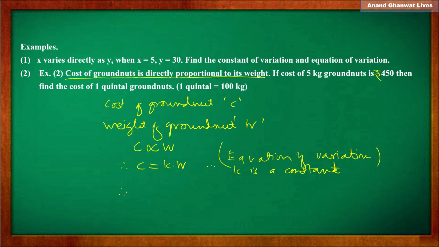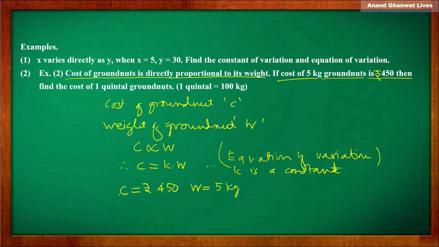Now, we have been given the cost of 5 kilogram groundnut as rupees 450. So when C is equal to 450, then W is equal to 5 kilogram.